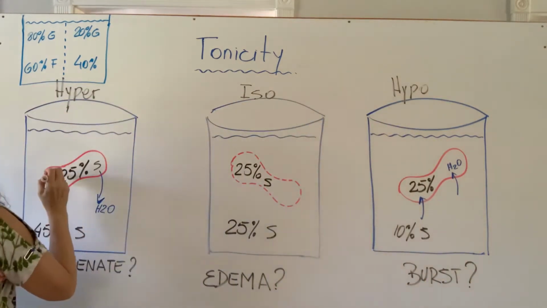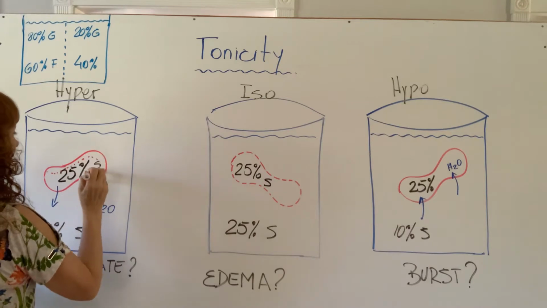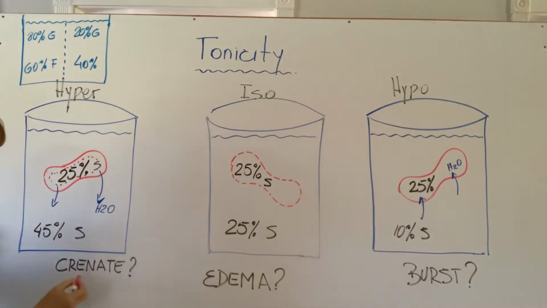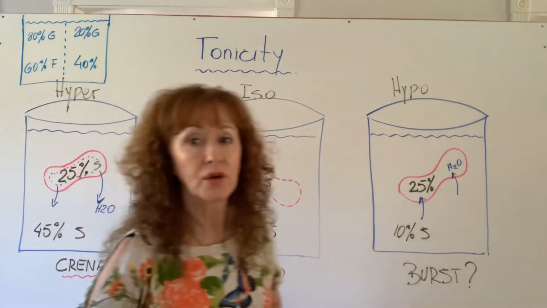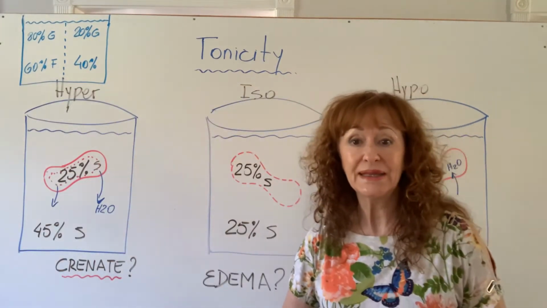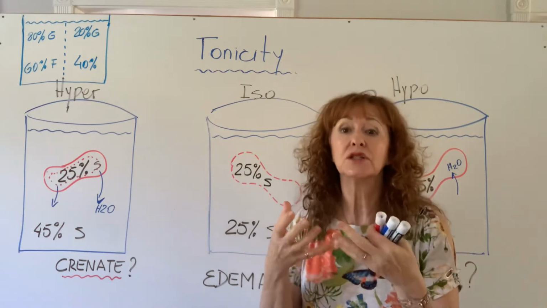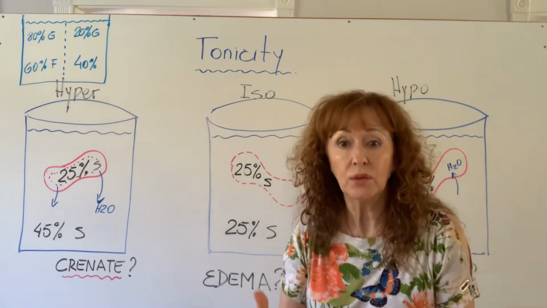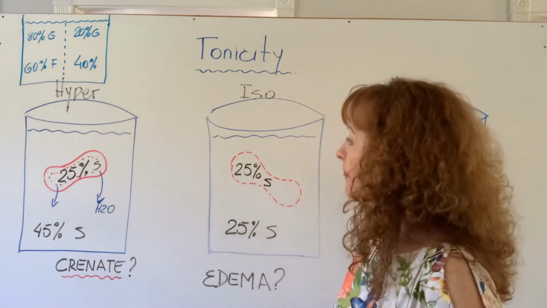And because of that, that cell is shrinking, and the word is crenation. When the cell crenates is when the cell shrinks because it's losing water. Losing water is losing weight.